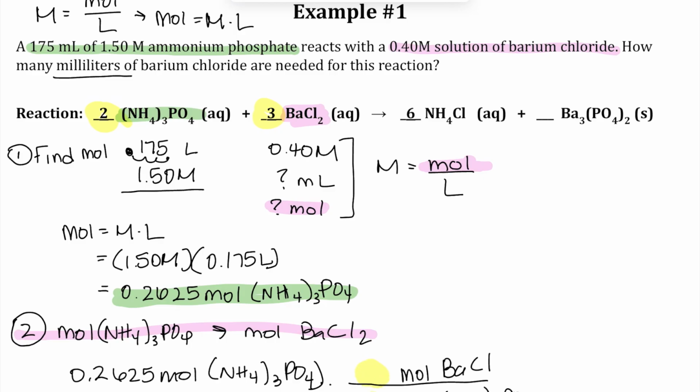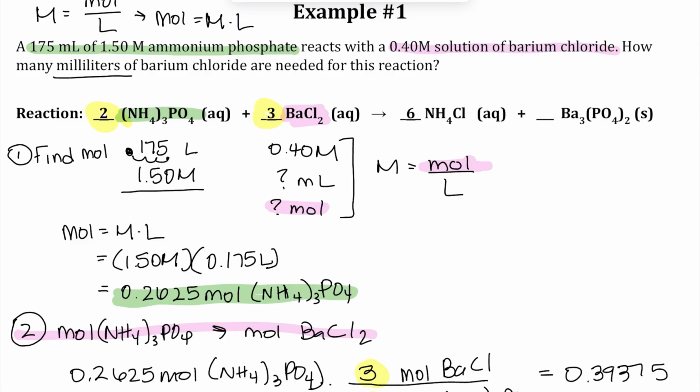So 3 moles of barium chloride to 2 moles of ammonium phosphate, and I can go ahead and do that math. I get 0.39375 moles of BaCl2. And I'm going to leave a couple more digits than sig figs, just because I'm going to do all my calculations at the end, because notice we're just doing multiplying and dividing the whole way through.